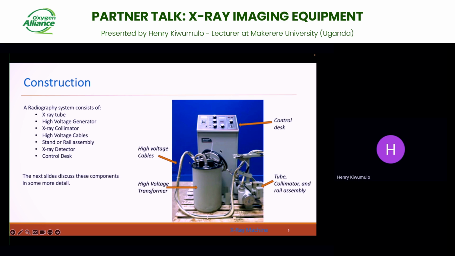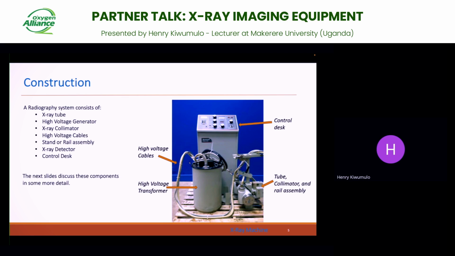So this is, of course, quite an old model, but it shows most of the basics. Of course, there are other parts with the advanced X-ray systems, but those are additional, just to improve on the performance. But these can be the basic parts of an X-ray machine.